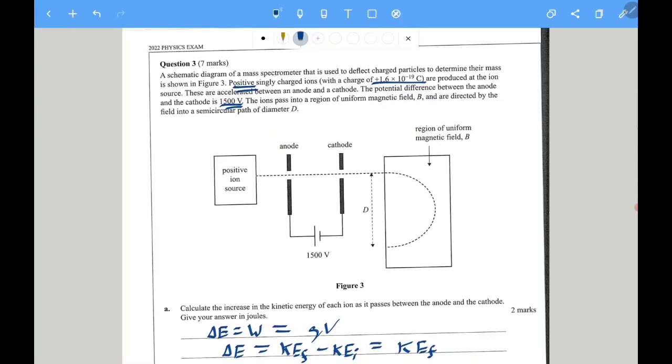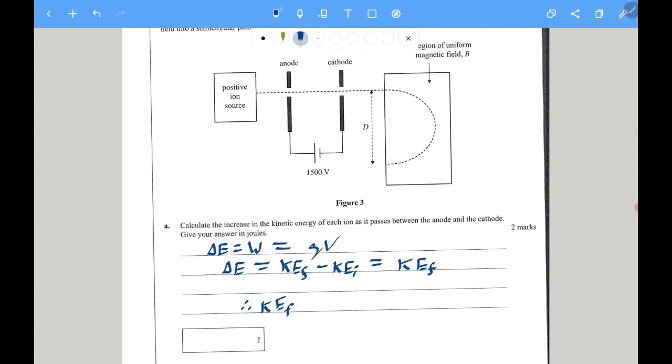Oh no, sorry, we cannot assume that the initial kinetic energy is 0 because we are only asked to find the increase in the kinetic energy. So we can just write out delta E, which is equal to QV, making these substitutions.